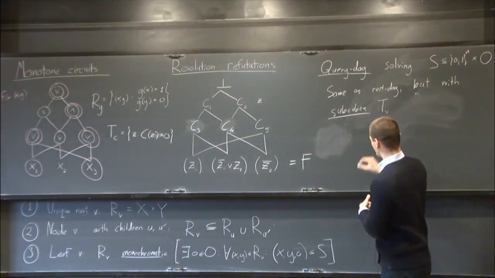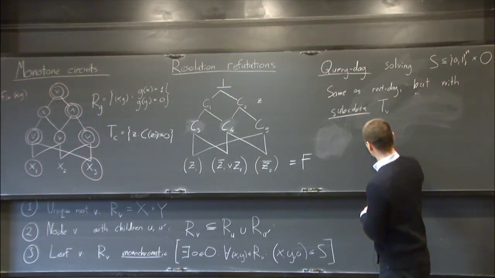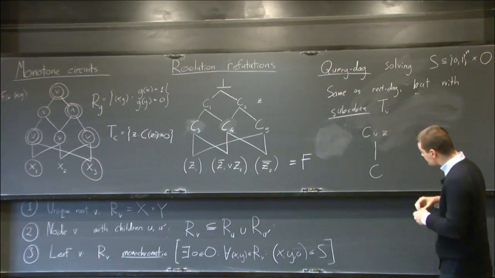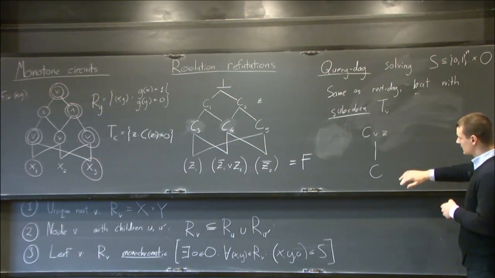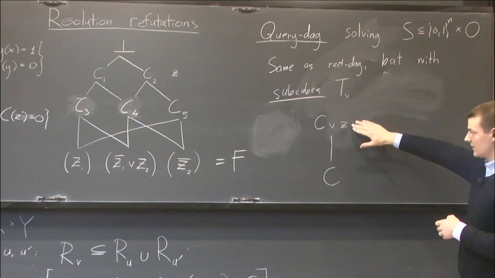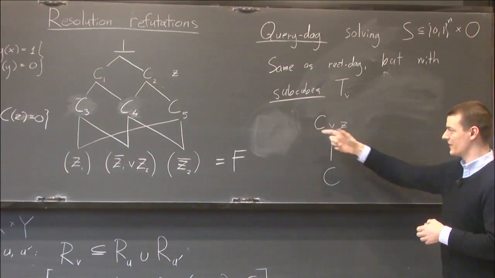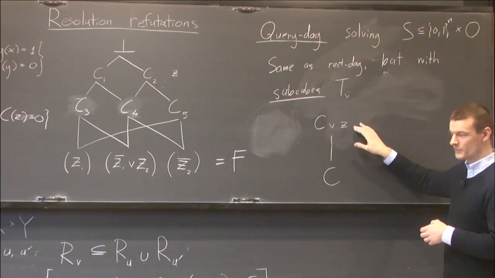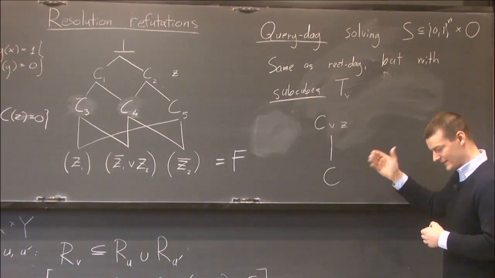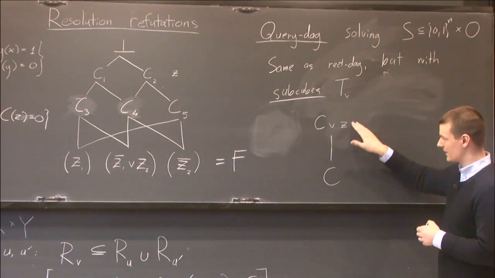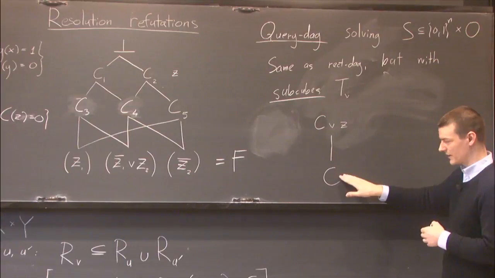So if my DAG contained a clause or a variable, and that was derived from just a single clause, the feasible subcube, the negation of this, would be a smaller set. So this feasible set is duly covered.